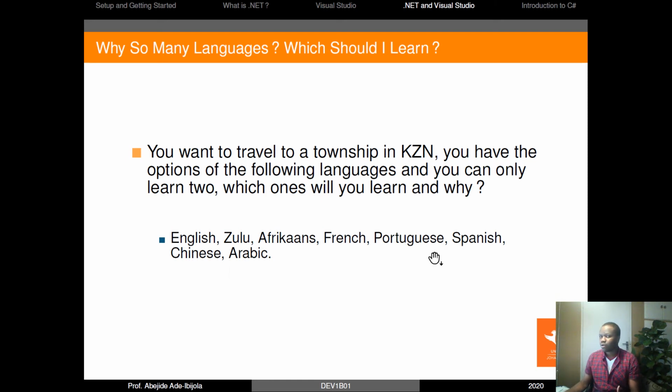Well, if it was a classroom section, I'll take responses from you, but in my previous years, many students always answered the same. They will say, since it's KZN, it's likely going to be Zulu and English, which makes sense because in South Africa, most people can speak English. However, Zulu is the core language that the natives in KZN speak the most.